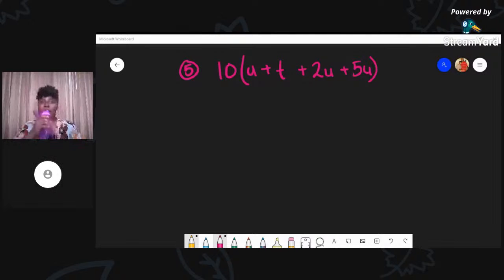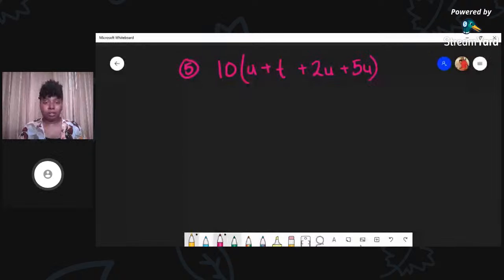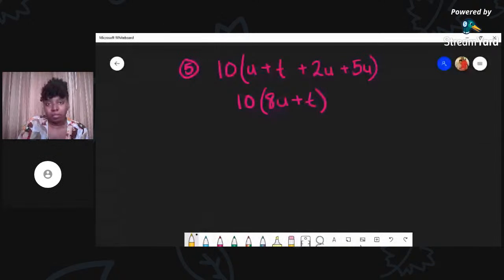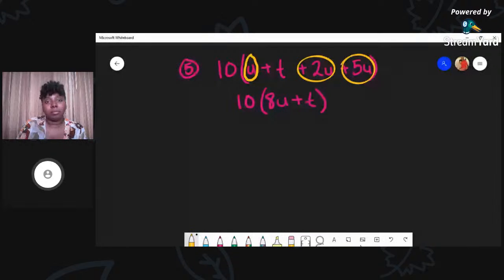And a T. So 10, and then in the parentheses would be 8U plus T, because you can't add them together. So then you would multiply the 8 by the 10, which would be 80.